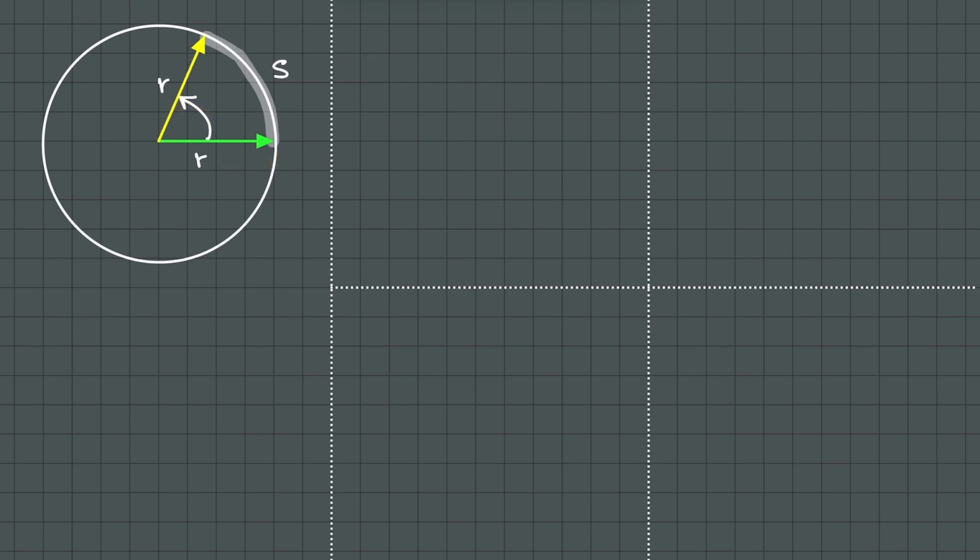When we call the central angle of a circle theta, we can say in general that theta equals S over R, where S is the length of the arc opposite theta, and R is the radius of the circle.